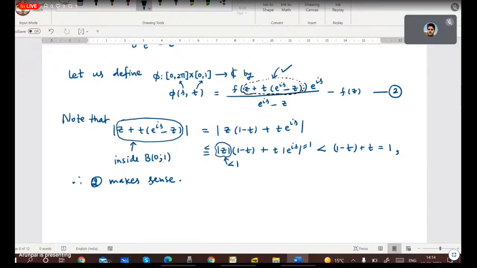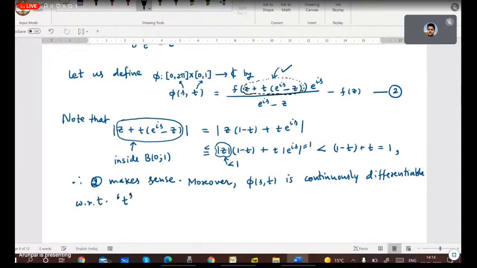And class, moreover, now you can trust me that this phi(s,t) is continuously differentiable with respect to the parameter t.